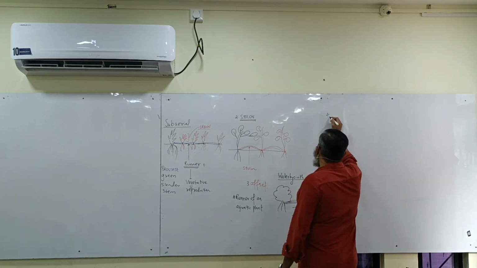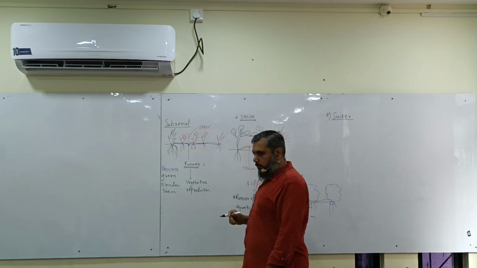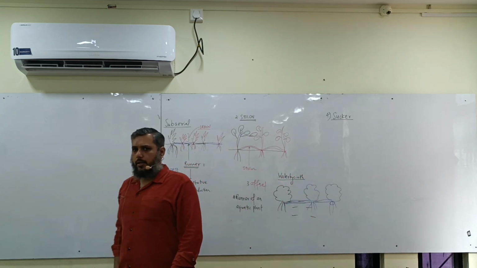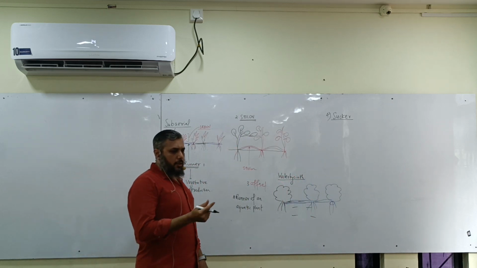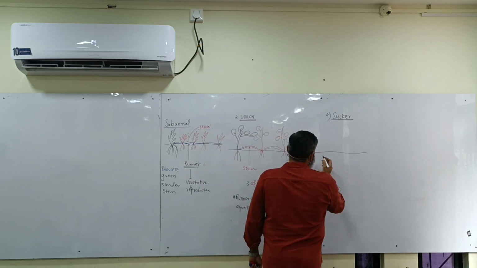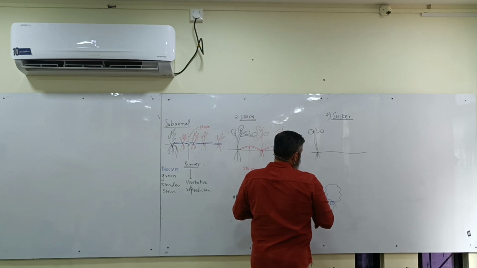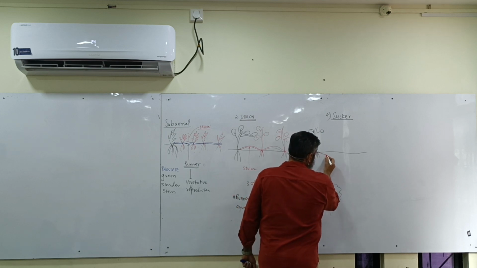Yes. The fourth one is called a sucker. I call the sucker an underground runner. This is the surface of the soil, and we have this root system and a shoot system. Now in this case, look at this modification.